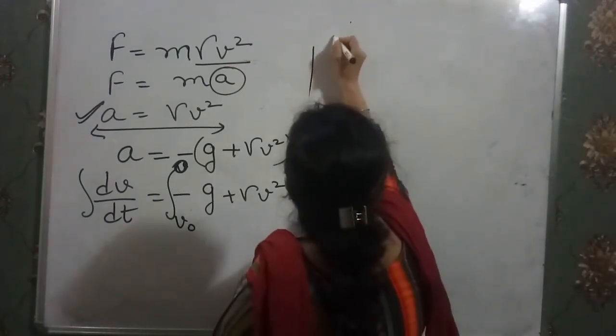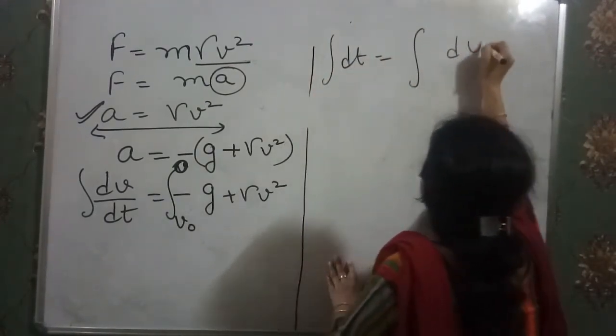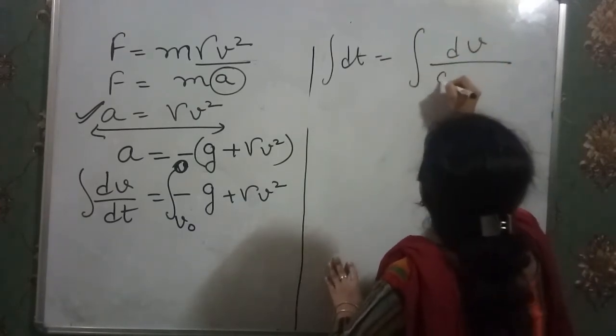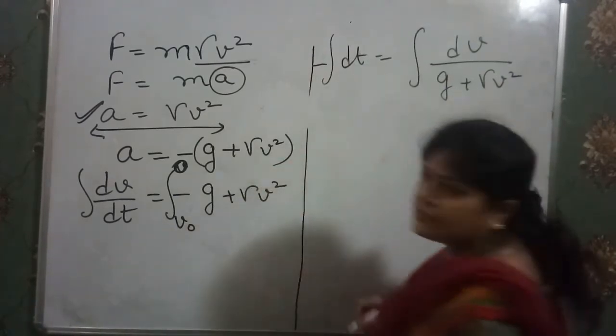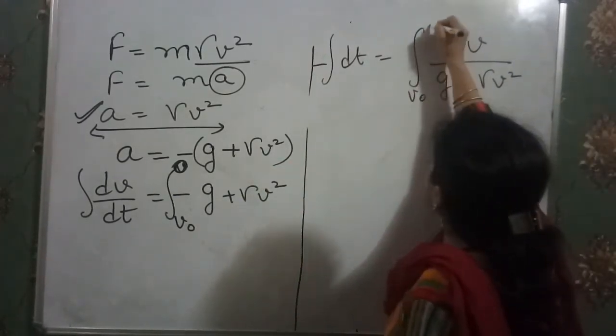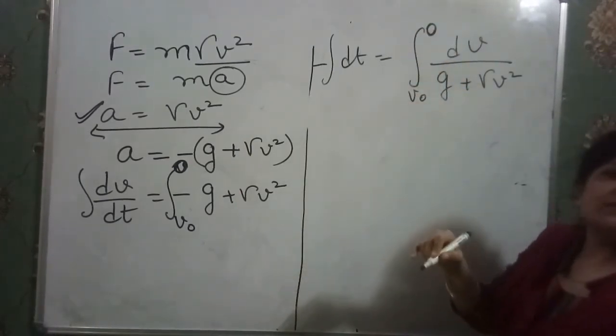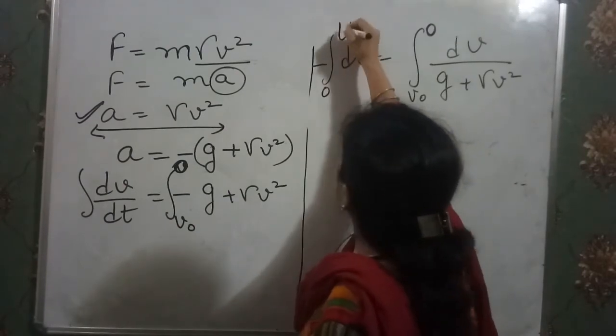So we have dt is equal to dv over g plus gamma v square. Take the minus sign over here. Now when we integrate, the velocity goes from v0 to 0 and the time is 0 to t.